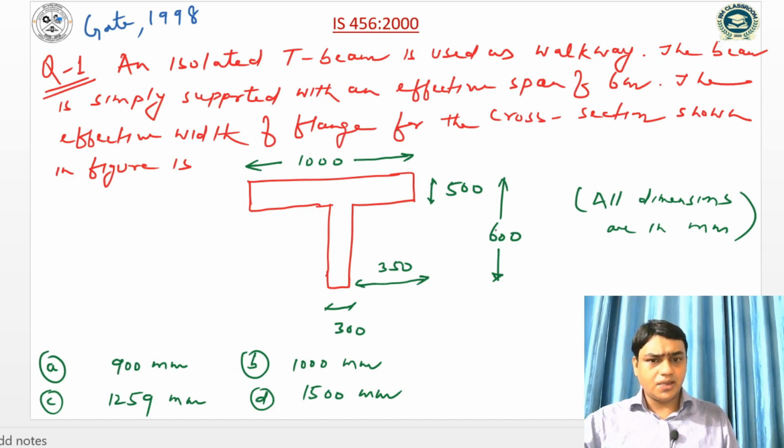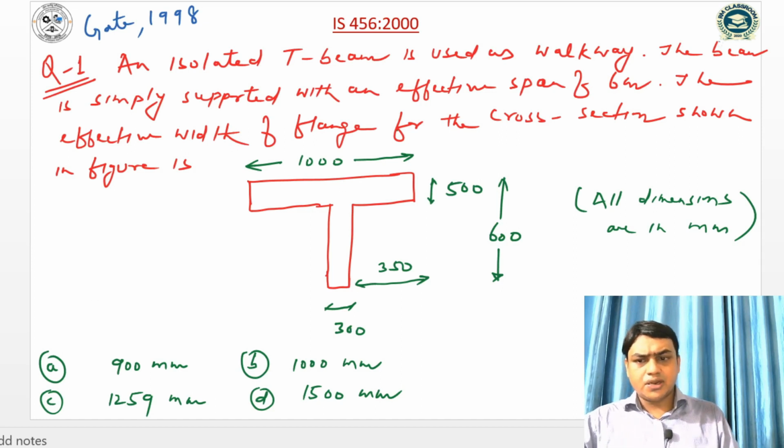So we have to find the effective width of the flange. The actual width of the flange is given as 1000 mm, the depth of the flange is 500 mm, the overall depth of the beam is 600 mm, and the width of the web or rib is 300 mm.